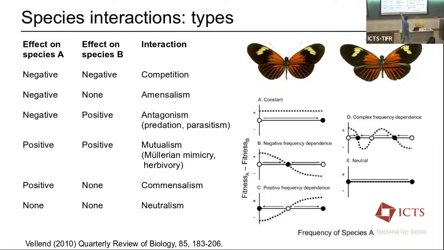What we're talking about here is sort of classical community ecology, where you're only looking at pairs of species. And we've moved beyond that in terms of understanding complexity, with things like network theory, where you're looking at multiple species embedded within interaction networks with each other. But we're not going to get into that today.